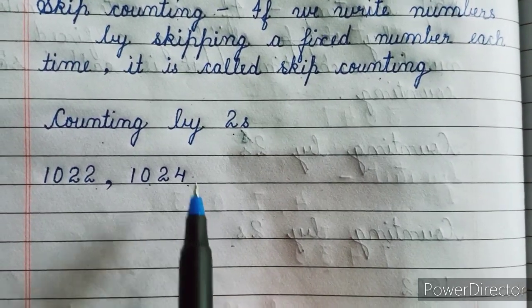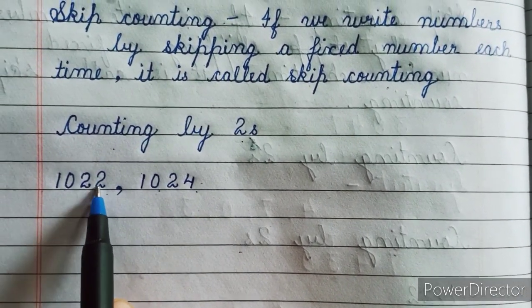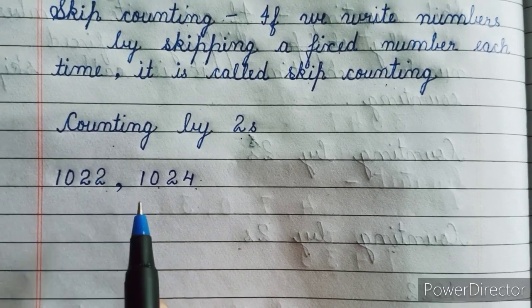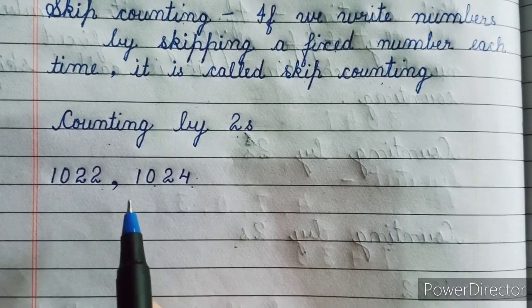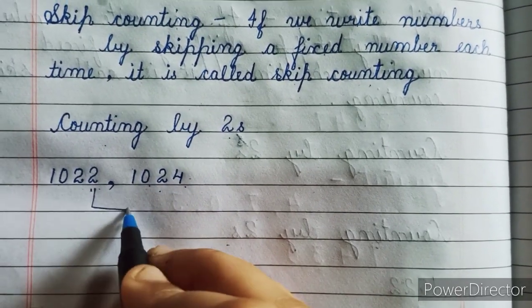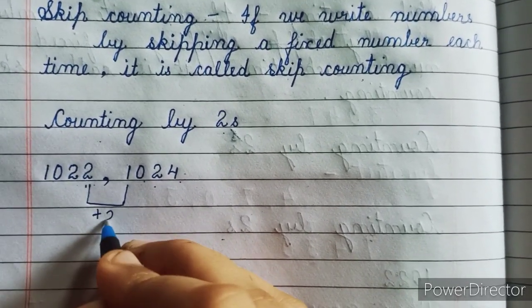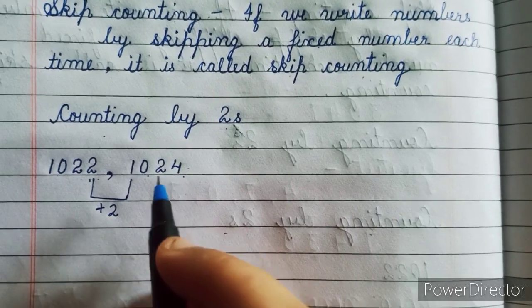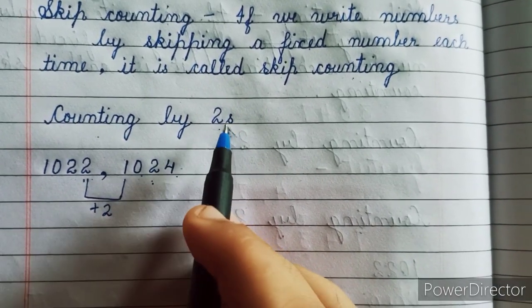Look carefully. 1022. Now we have observed it. So 1022 plus 2 is 1024. That means it is forward counting by twos.